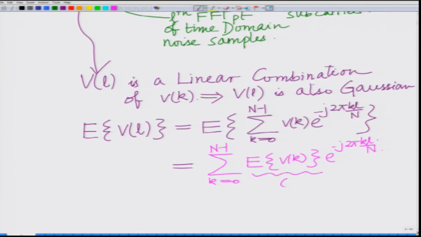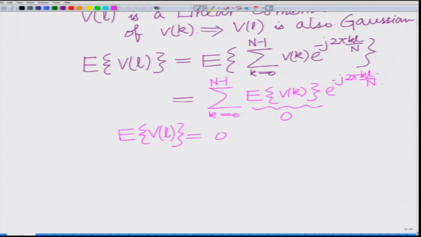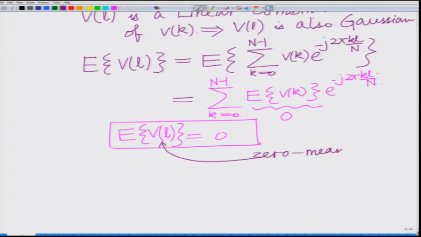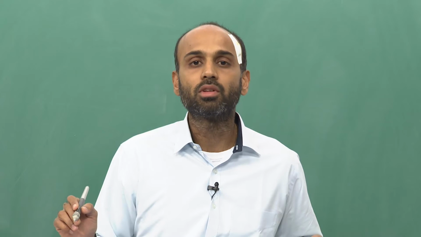Each Vk is 0 mean, expected value of Vk is 0, which means expected value of VL is also 0. So, we have deduced two properties: VL is Gaussian, and VL is a 0 mean random variable. The noise output VL on the Lth subcarrier is both Gaussian and 0 mean.